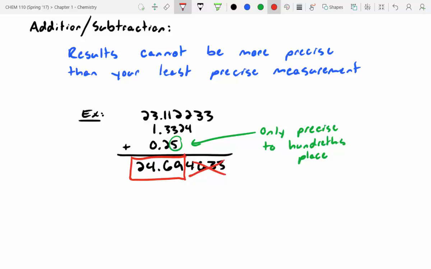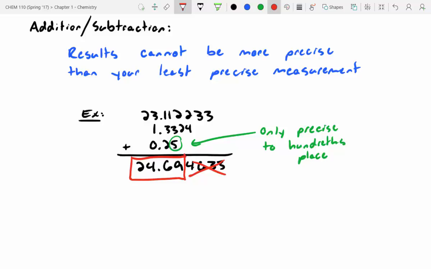Yep? I don't understand what you mean when you say which one is precise. Yeah, so let's say we're measuring things, right? And the top measurement, we're confident all the way out to that last 3. We've got a really, really high degree of confidence out to a very, very small number. The middle one, a little bit less confident, it's less precise. The bottom one, we can only estimate out to the hundredths place, not any further.